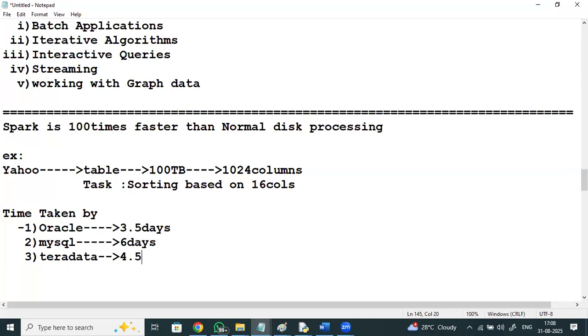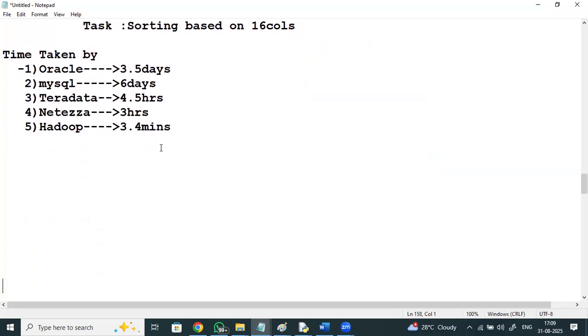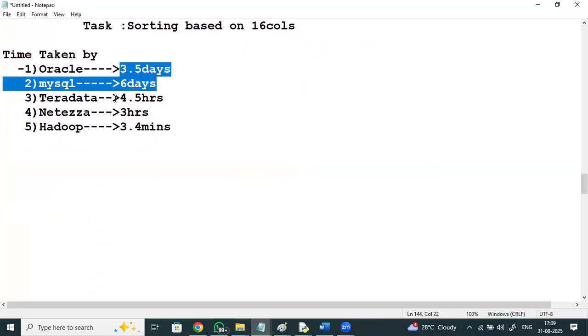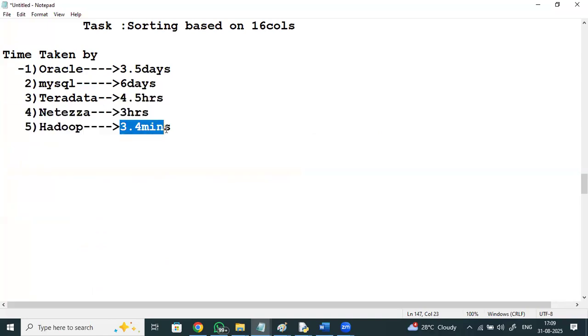Netezza, another specialized database used for data warehousing, took just 3 hours. Finally, Hadoop, big data Hadoop, took just 3.4 minutes. So these took days of time, these took hours of time, and this took only minutes of time.